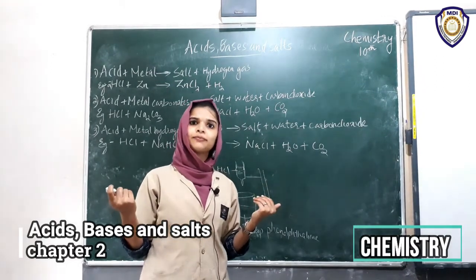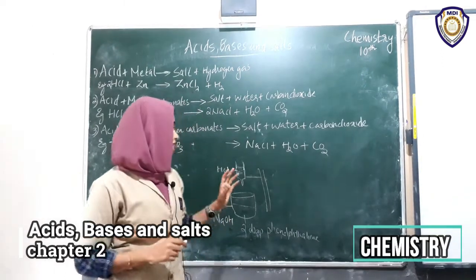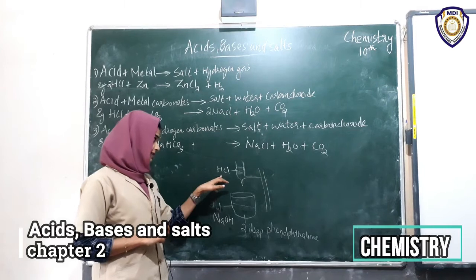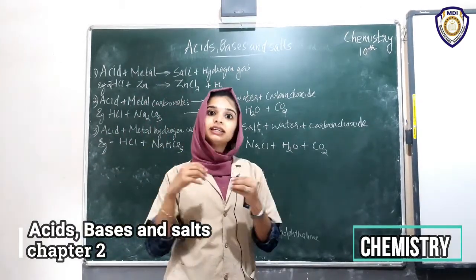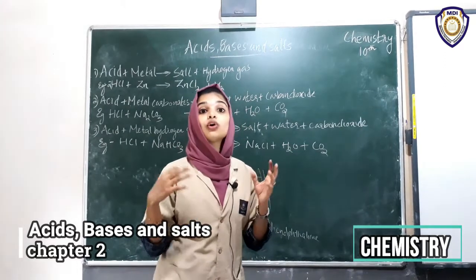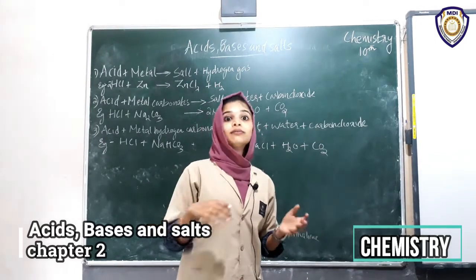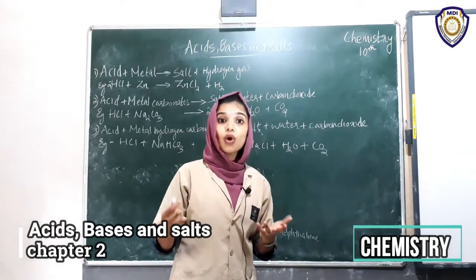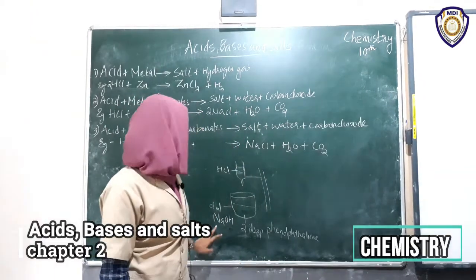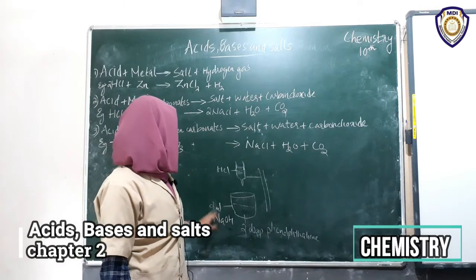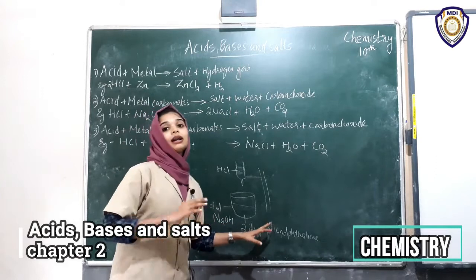What happens there? Why does the pink color disappear? When we add an acid to a base, at a point both of their characteristics nullify. At that point there will not be any characteristics of either acids or bases, so the color disappears.